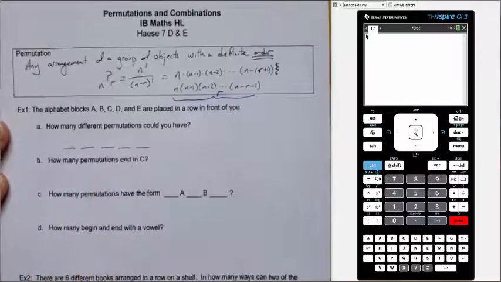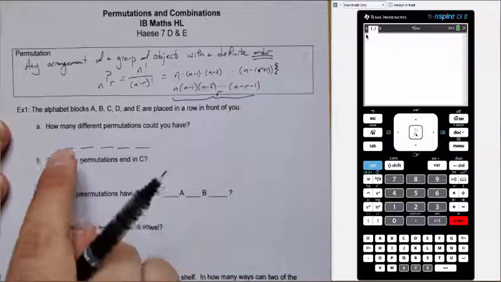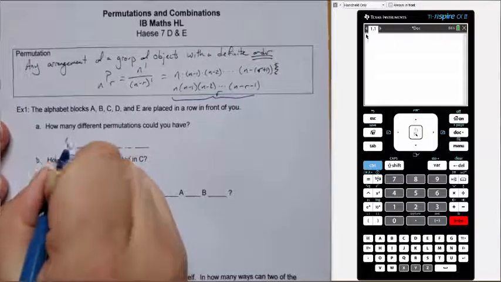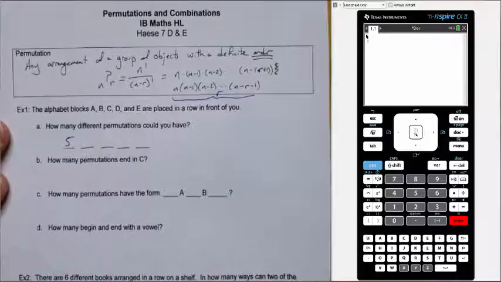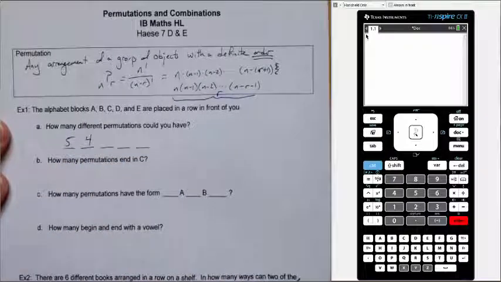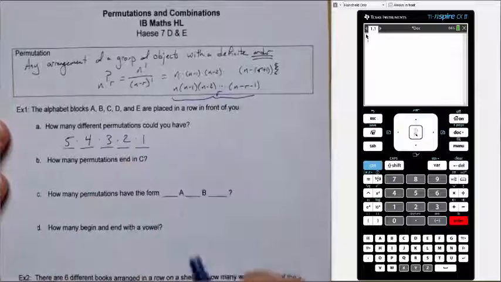Then I'm going to write down how many choices I have at each of these slots. To pick the first block, there are 5 blocks, so I could pick any one of those 5 blocks to go in the first spot. Once I've picked that, there are 4 choices left, so any of the 4 remaining blocks to go there, then 3, then 2, then there's only 1 choice left in the end.